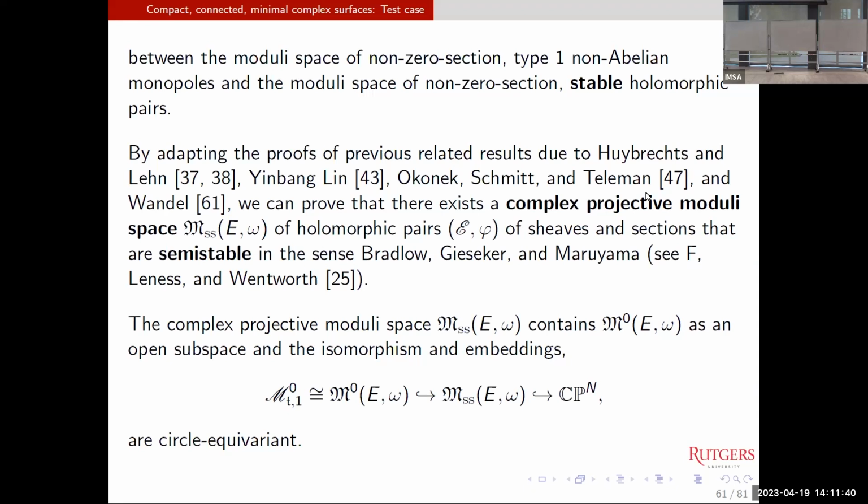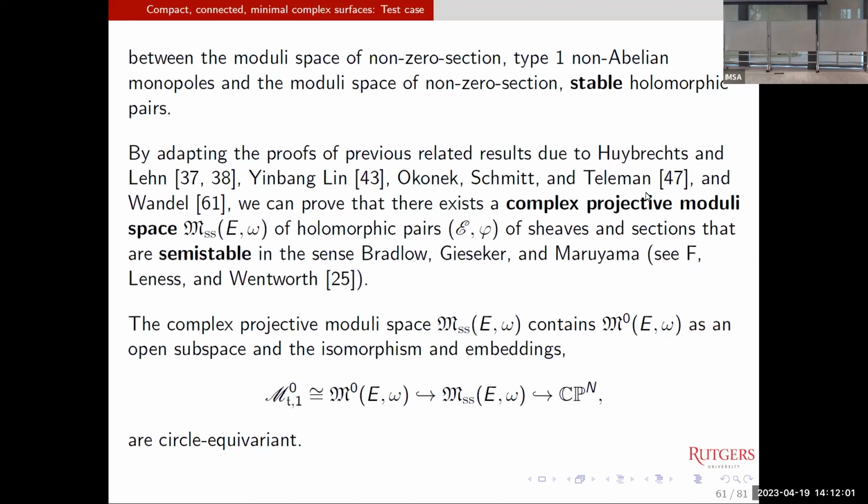So what they mean by section is not necessarily what we mean by section. There are some technical differences between their constructions and ours. But the bottom line is that there exists a complex projective moduli space.